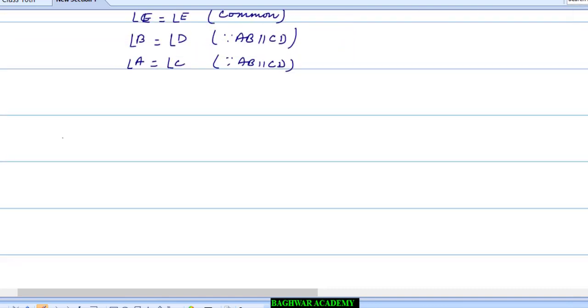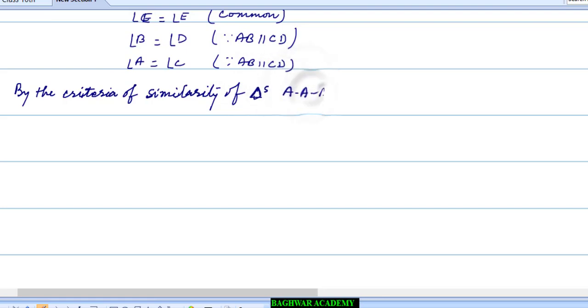So we can write, by the criteria of similarity of triangles AAA, triangle ABE will be similar to triangle CDE.